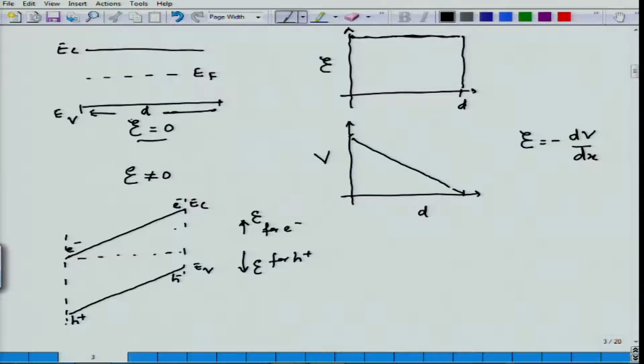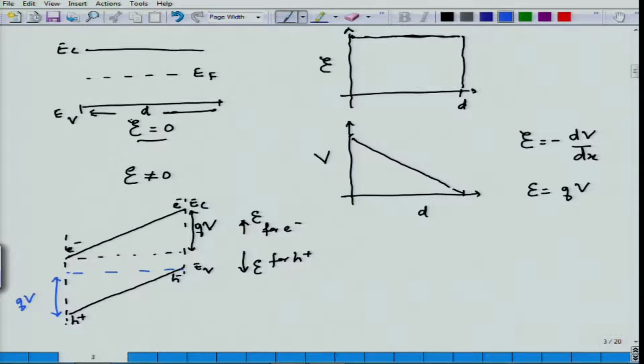And what is this slope then? This slope is the potential difference between these two ends, and we know that energy is equal to q times V, hence this will be equal to the charge on the carrier times the potential difference. Same thing we can write about the holes. This difference is equal to charge times the potential for the holes.